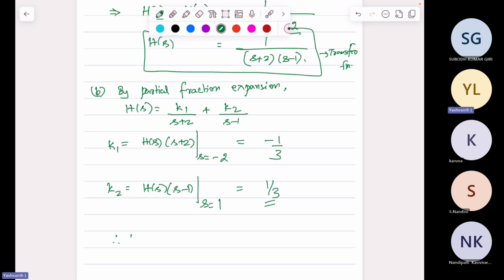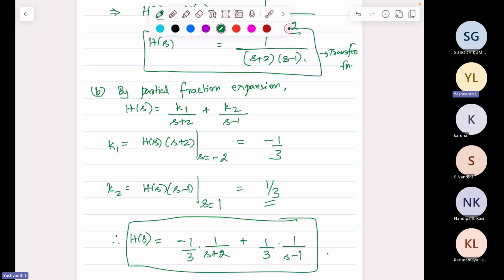Therefore, your transfer function can be simplified as minus 1 by 3 into 1 by s plus 2 plus 1 by 3 into 1 by s minus 1. This is the simplified version of the transfer function.